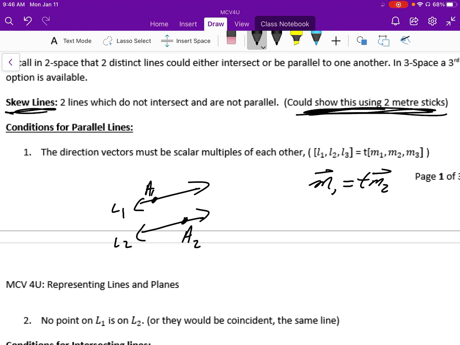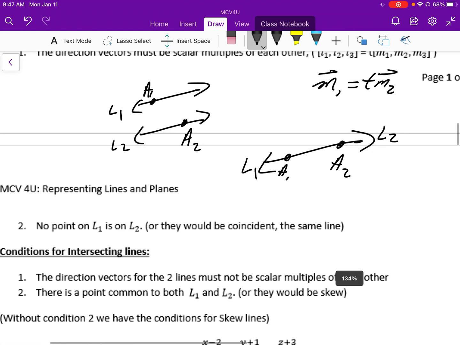If these are parallel, A2 is not on L1, okay? If it were, they'd be the same line, right? If I were to have the same direction vector, and the 2 points are on the same line, there you go, two lines that basically amount to being the same. We're going to have an example where we show that. It might be a little clearer when we go through the example.